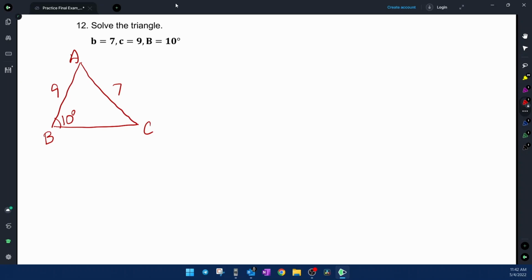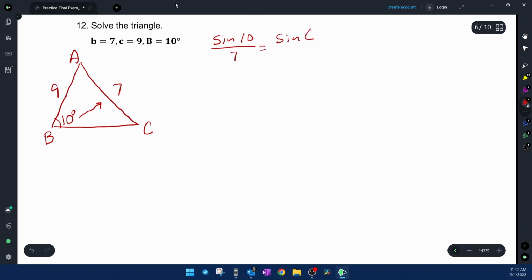Now the other thing we do need to notice is since we're given an angle and the side across from it, that indicates that we're going to be using the law of sines. So starting, we can say sine of angle B divided by side b equals sine of angle C divided by side c, and this will allow me to solve for angle C.